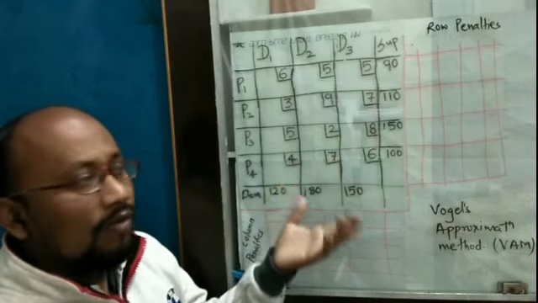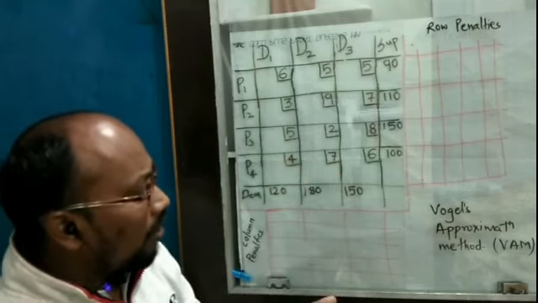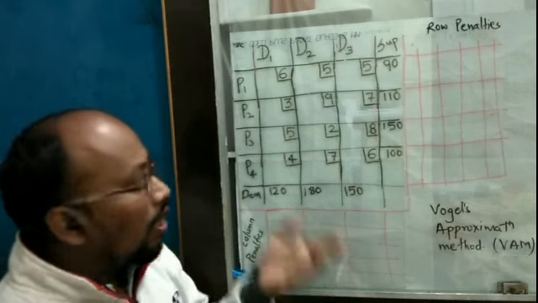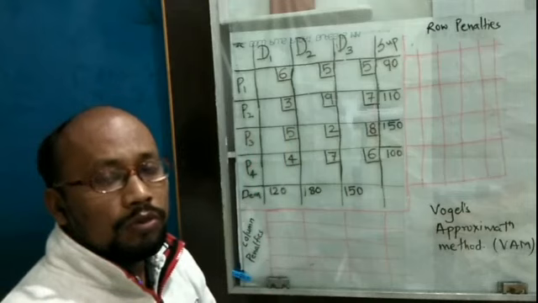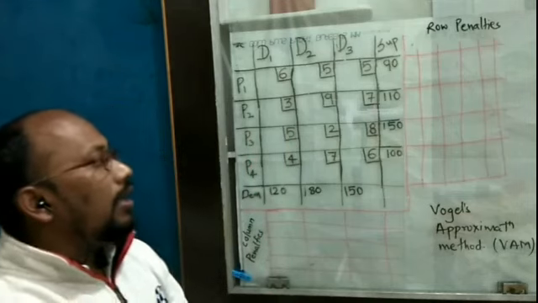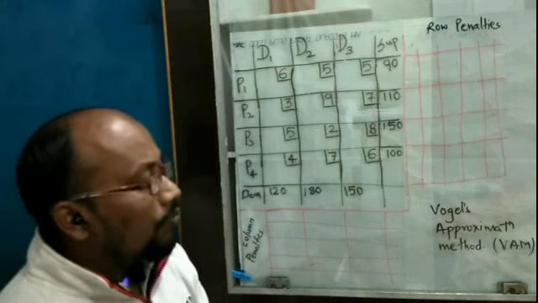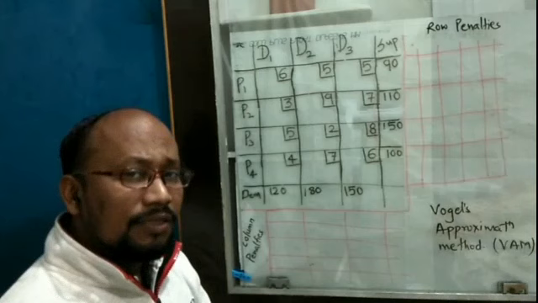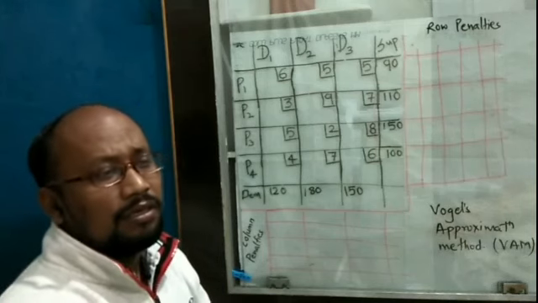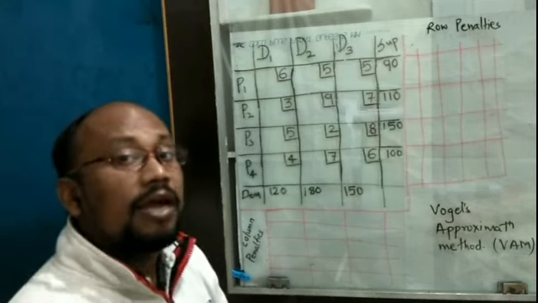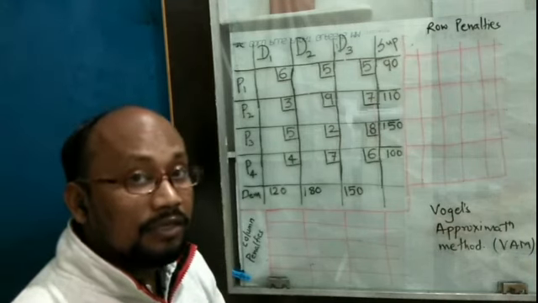Whenever you are reviewing the next transportation table, again we seek the lowest cost and allocate to that particular cell. Now this approximation method is based on penalty. If you remember, in decision making theory I explained the regret matrix.